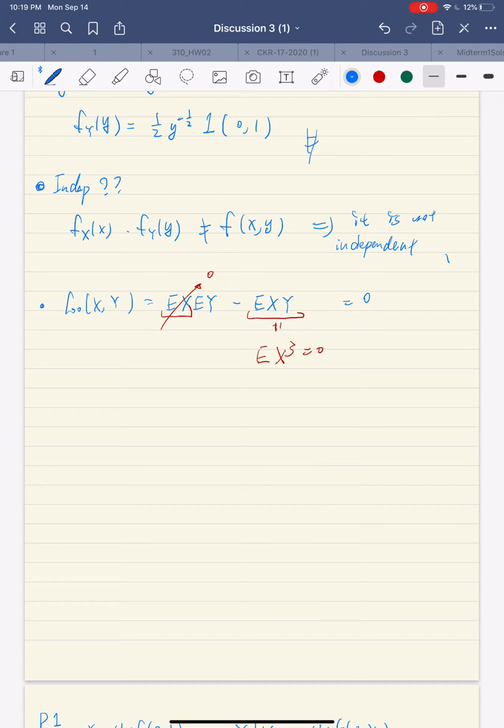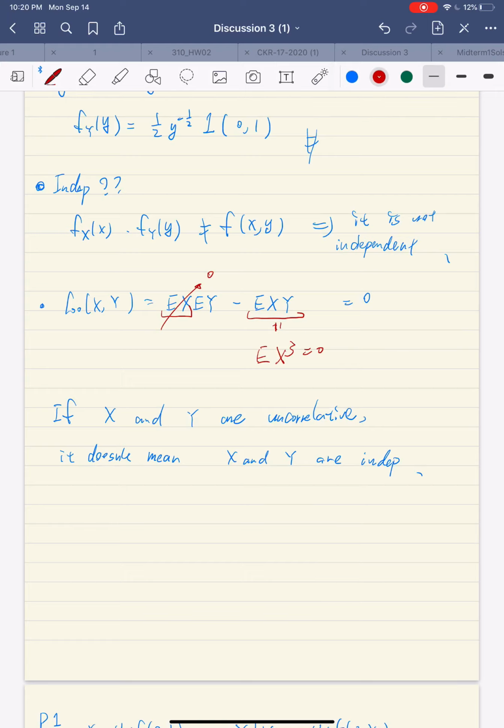Okay, so from this example, we know that if two random variables x and y are uncorrelated, it doesn't mean x and y are independent.